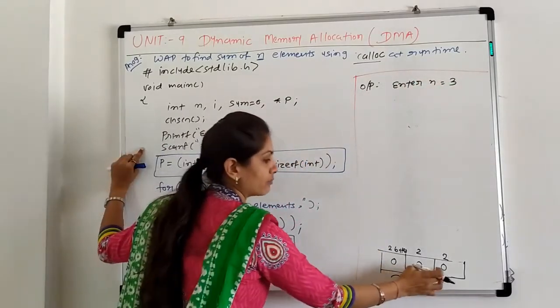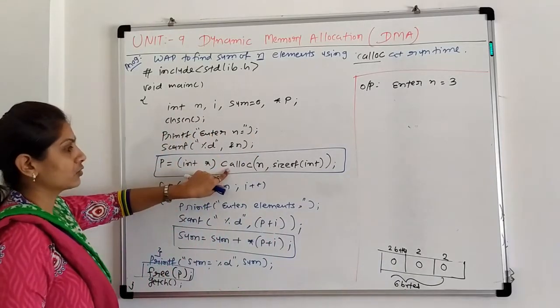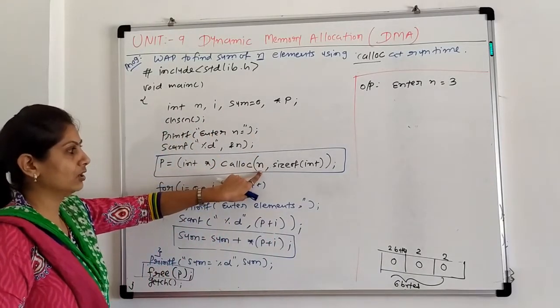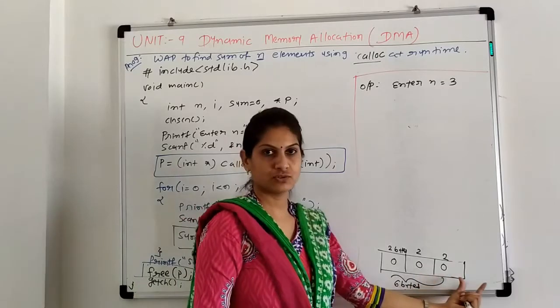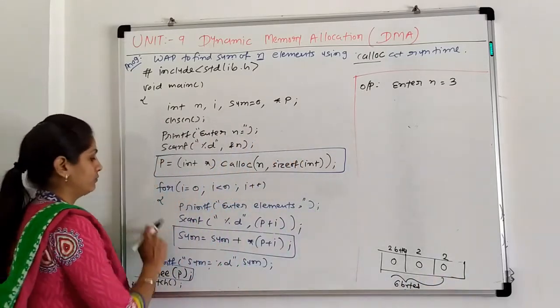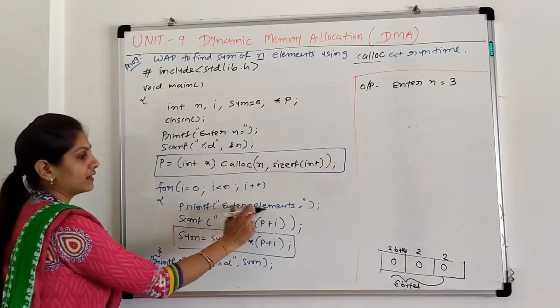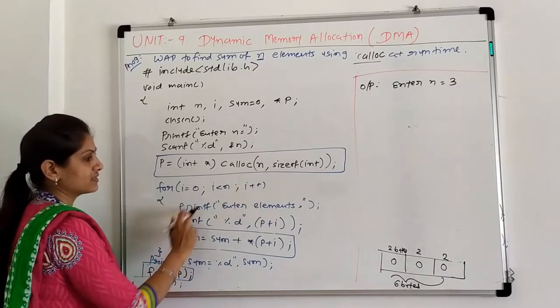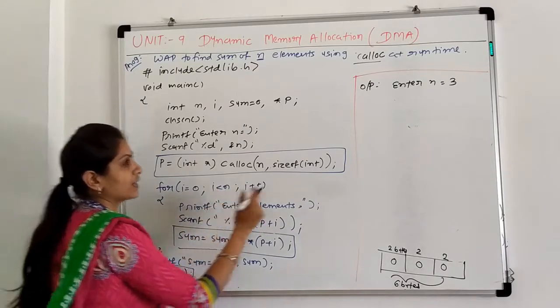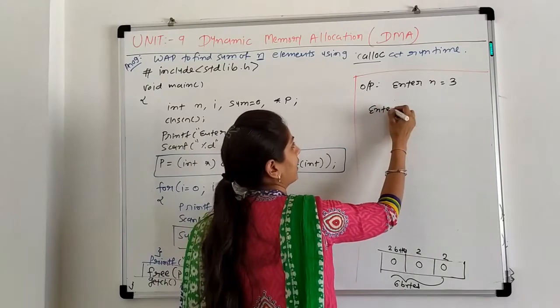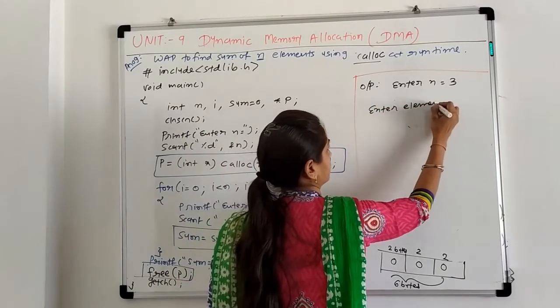So 3 blocks of memory are created according to the calloc function, 3 blocks, and the size of each is 2 bytes. Now the for loop is executed, enter elements. How many times is this loop executed? N times. So 3 times the message is given, enter elements.